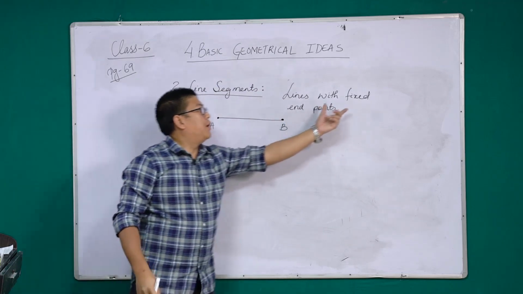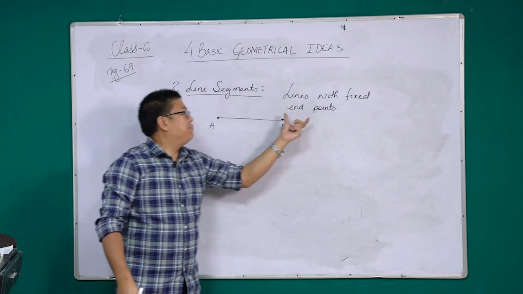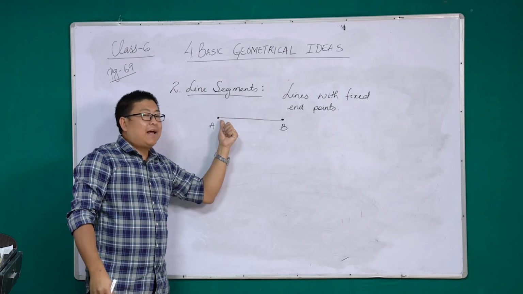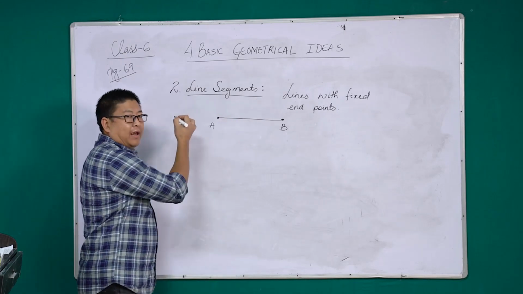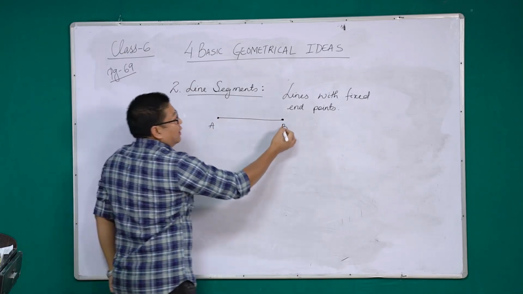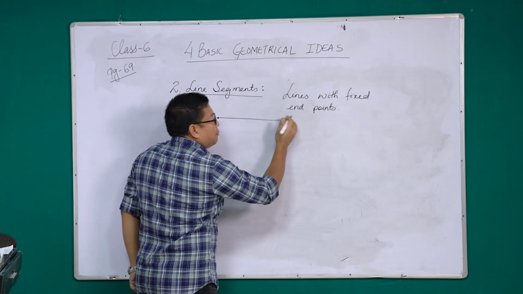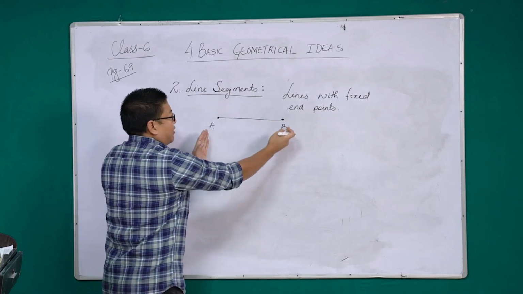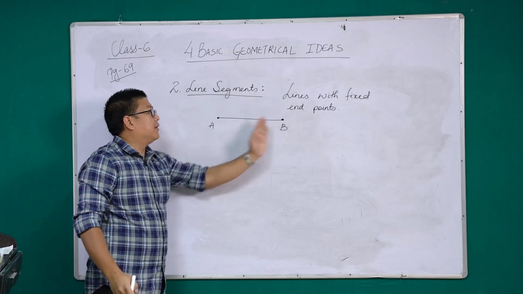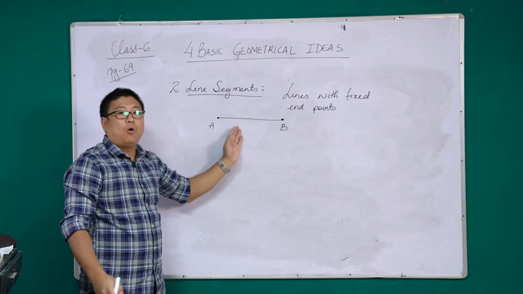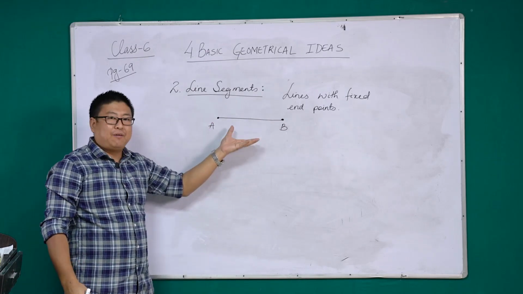Now, when we talk about fixed endpoints, it simply means that the line will not go beyond A and will not pass through B. It stops here. The line stops at A, the line stops at B. These are called line segments. They have specific measurements.